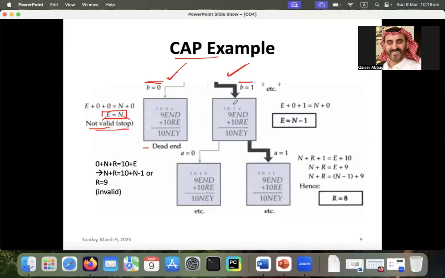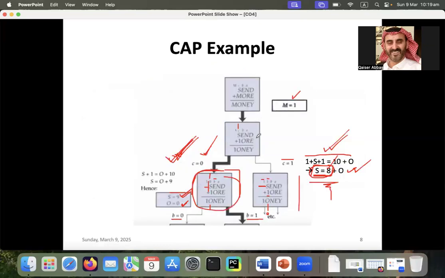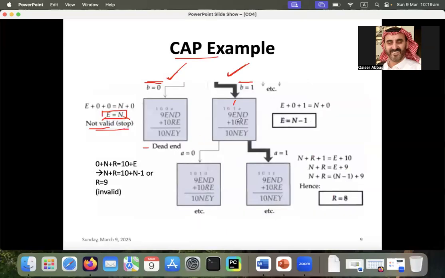This is the position for the B, B and E. And this was the O, which we have as 0 here. So we are replacing this O with 0.